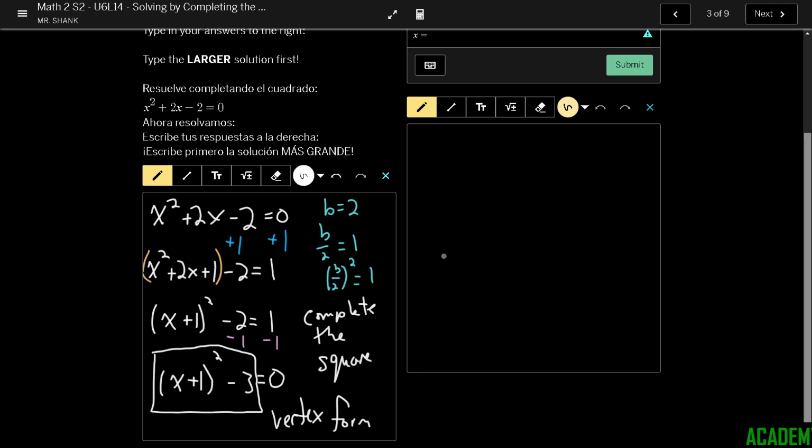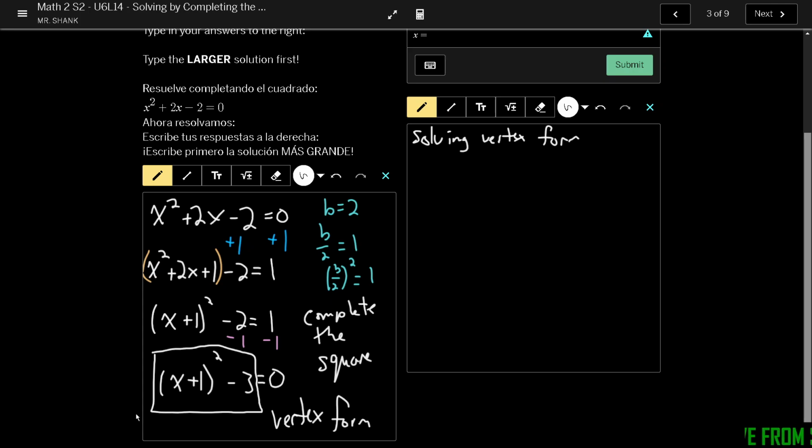All right, so now I'm going to take my vertex form and solve. So let me actually write up here, solving vertex form. All right.